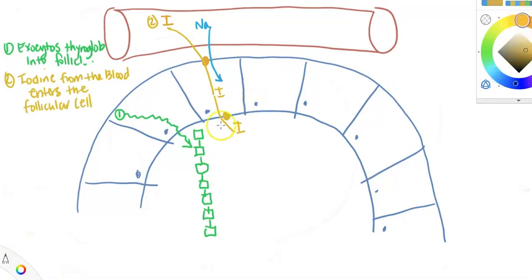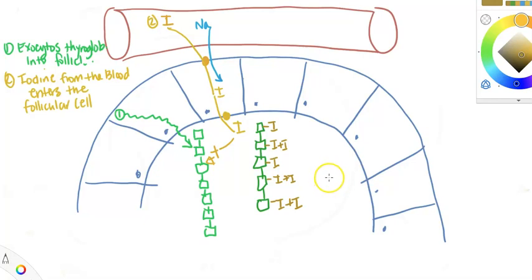Okay, so the iodine then will link to the thyroglobulin. So iodine plus thyroglobulin. So it ends up looking like this. And it goes ones and twos. So you've got ones and twos on here.